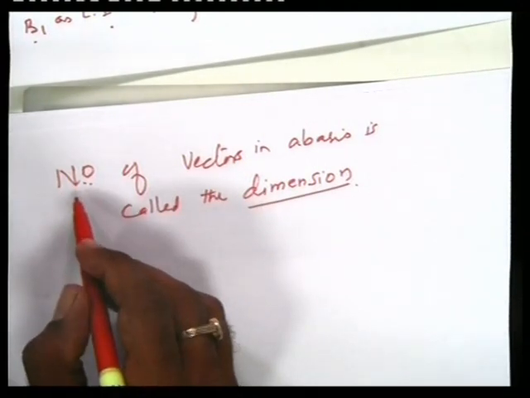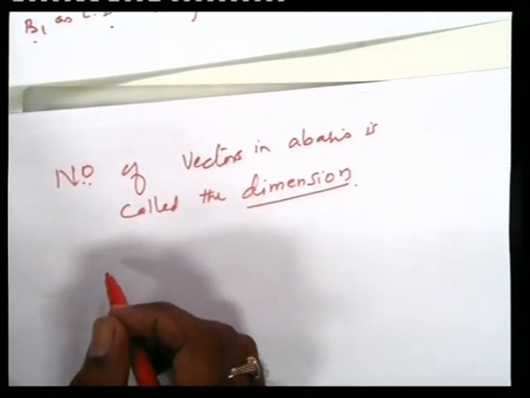And if this number is not finite, then we say that the vector space is an infinite dimensional vector space.